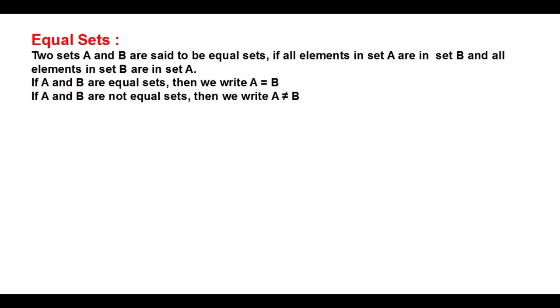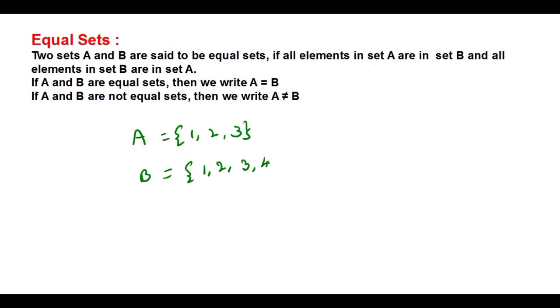Equal set means the number of elements should be equal and the elements also the same. Just you can see this point. The two sets A and B are said to be equal sets if all the elements of set A are in set B and all elements in set B are in set A. So set A elements should be in set B and set B elements should be in set A. Suppose I am taking A equal to 1, 2, 3, and B equal to 1, 2, 3, 4.